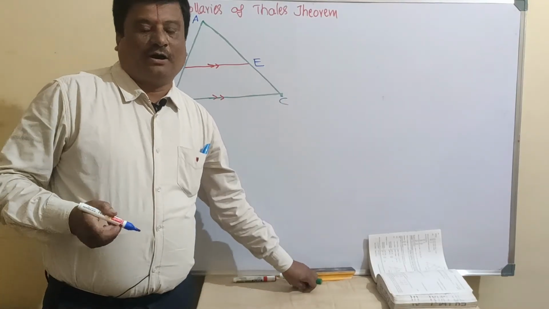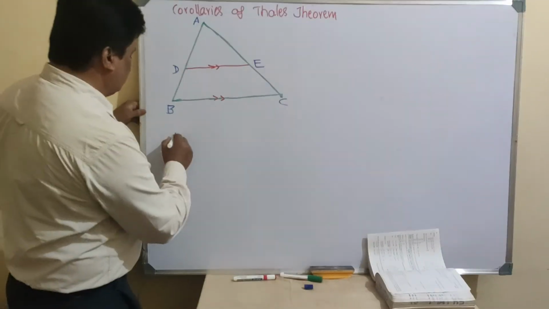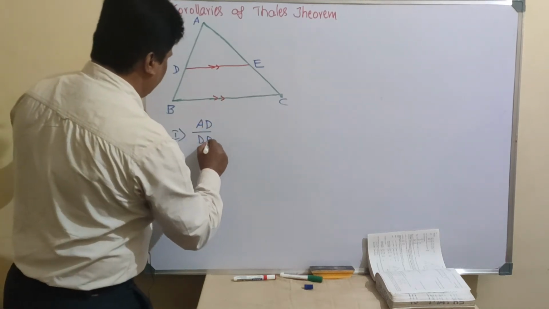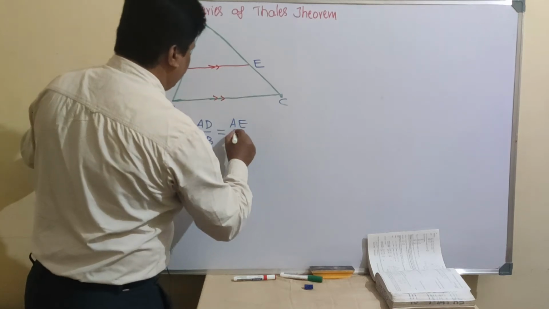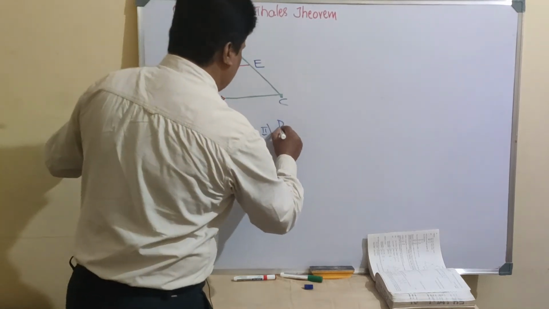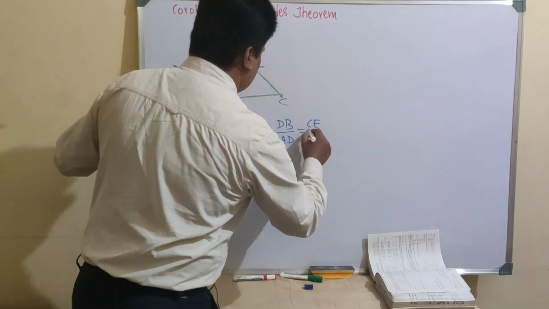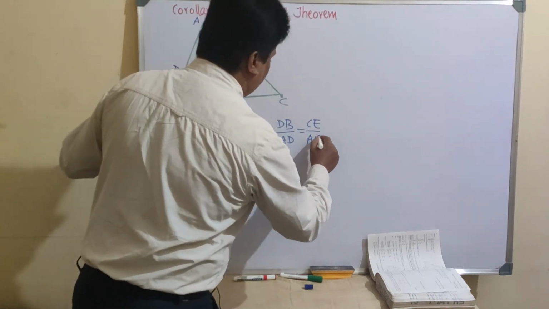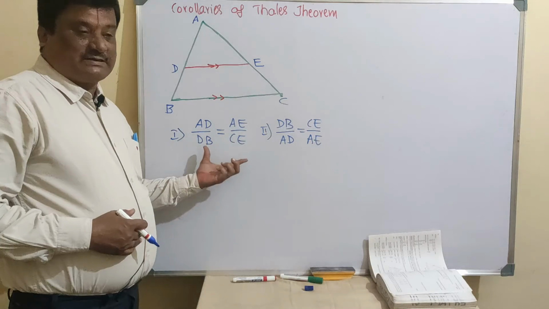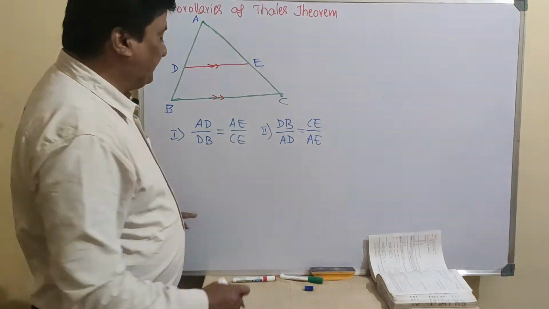Now I will summarize all the corollaries of basic proportionality theorem. The first one is AD by DB is equal to AE by CE, and its reciprocal, DB by AD is equal to CE by AE. It means we can take the BPT as it is, or else we can take the reciprocals of the results of the BPT.